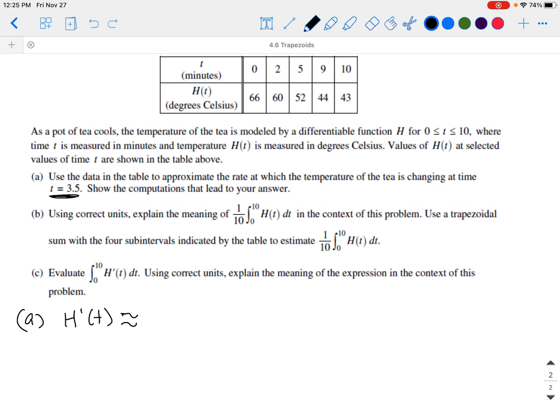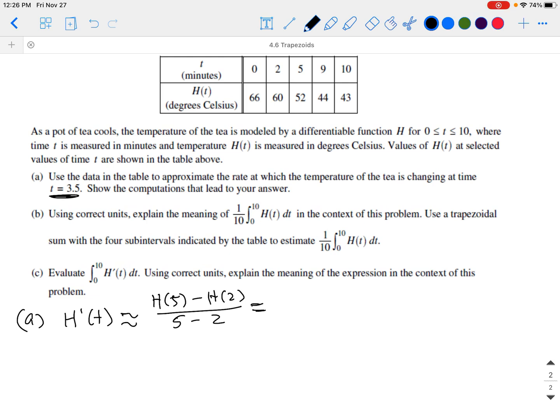So then h prime of t is going to be approximately h of 5 minus h of 2 all over 52 minus 60. So that is going to be our approximation. Clearly it's just going to be the slope between those 2 points. So we end up with, let's go back. Divided by 5 minus 2. I was putting the wrong values in there. So it's a 3-minute interval on the bottom.